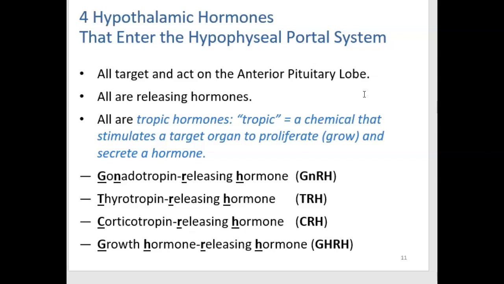There's gonadotropin releasing hormone, thyrotropin releasing hormone, corticotropin releasing hormone, growth hormone releasing hormone. Okay, so what this means is these hormones are going to cause the release of a gonadotropin, the release of a thyrotropin, or the release of a corticotropin. And those hormones are tropic.